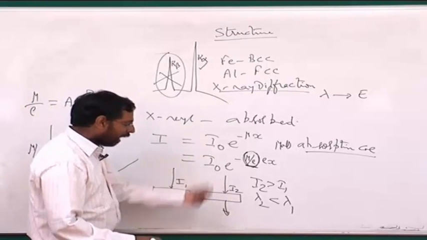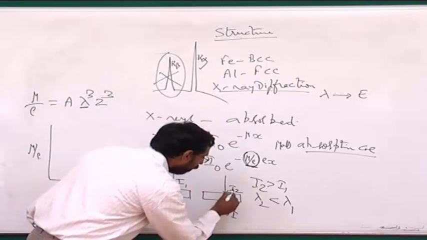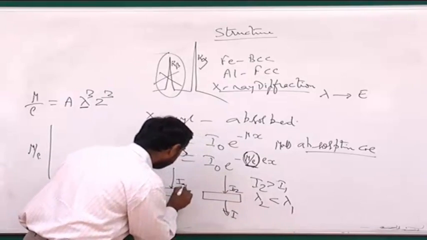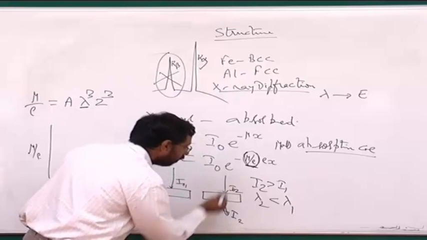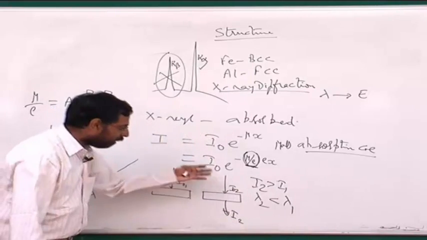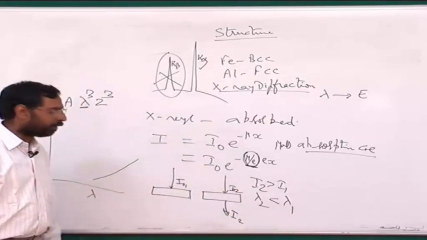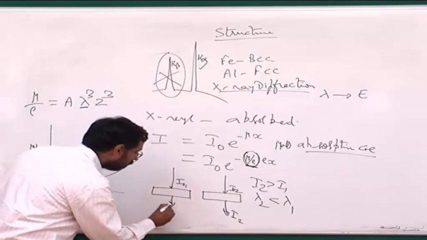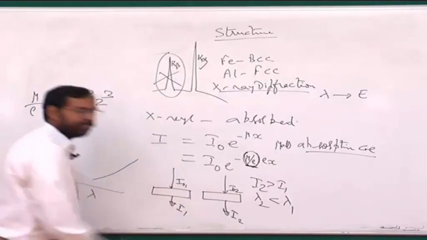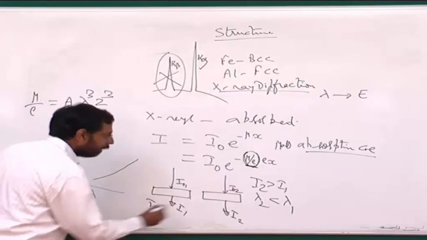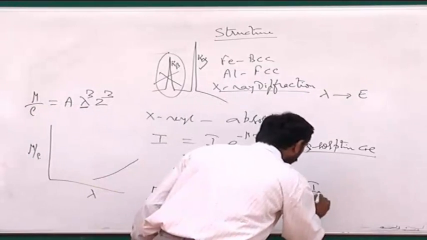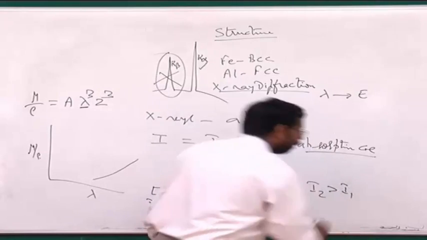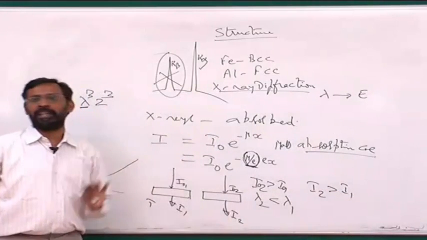If I2 is higher, with the incident intensity I02 for the sake of understanding, then the intensity of the beam coming out will also be higher. So if I02 is greater than I01, then I2 will also be greater than I1 for the same material and the same thickness.